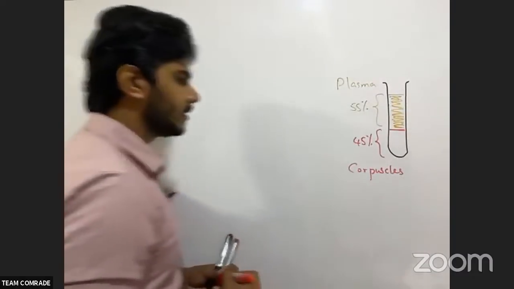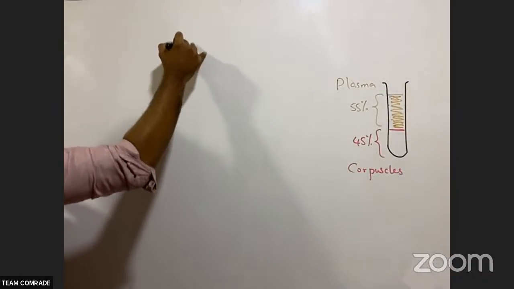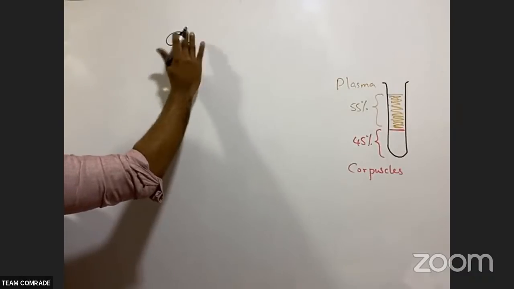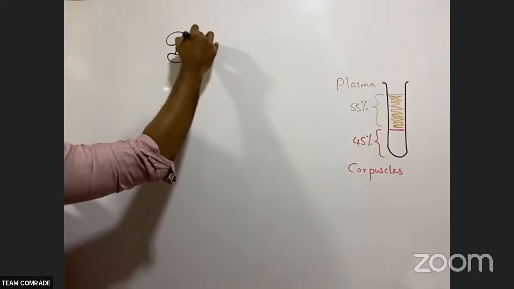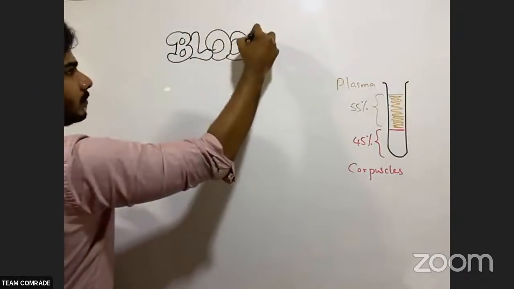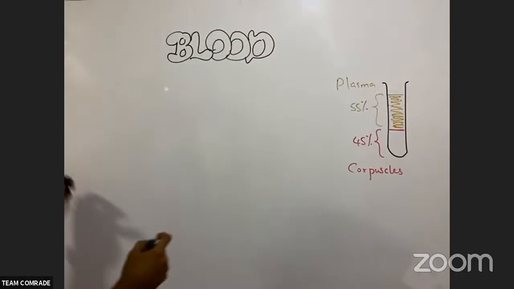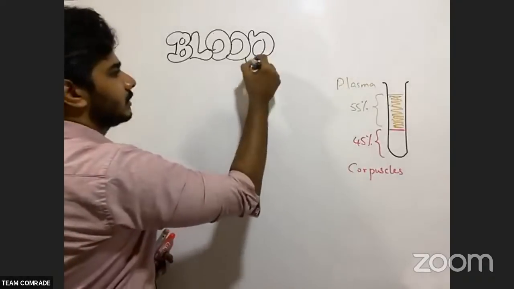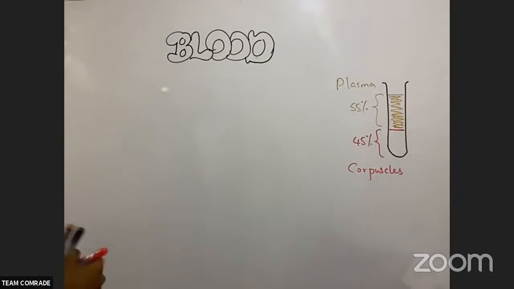Corpuscles, right? So when I want to divide the blood, I can divide it into two pieces.